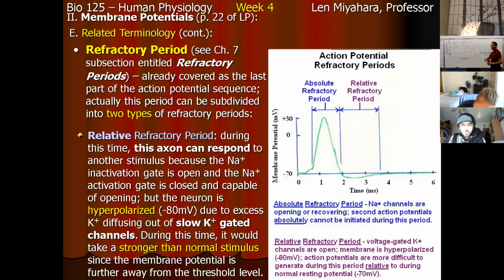Now, when you get a really strong supra-threshold stimulus, I said you're going to get more spikes. Well, those spikes are going to go boom, boom, boom, boom, boom. Even stronger stimulus, boom, boom, boom, boom, boom. Even stronger stimulus, eventually you're going to encroach on the relative refractory period, which a really strong stimulus can.